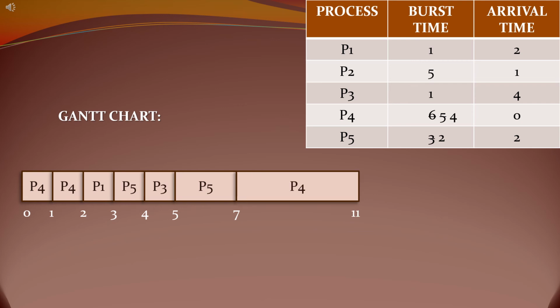Now among the remaining processes P4 and P2, the shortest is P4. So it will be executed for its burst time of 4 and will complete. The completion time of P4 is 7 plus 4 equal to 11. And the remaining process is P2. So it will be executed now and will complete its burst time of 5. So the completion time of P2 will be 11 plus 5 equal to 16.